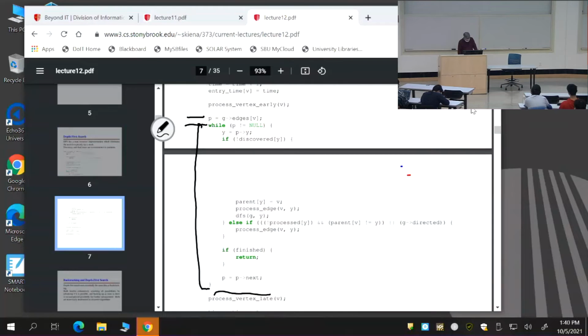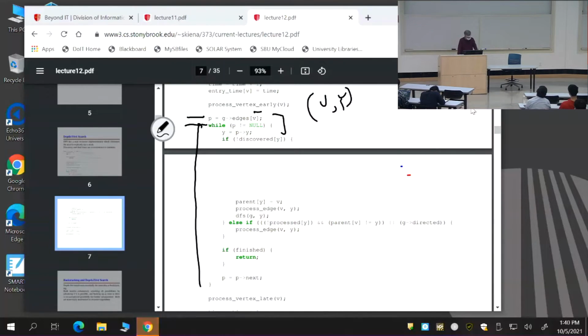But in general, if P is our list of edges, Y is going to be the next vertex that V is connected to. Remember, we're going through V's outgoing edges in its adjacency list. Suppose the next edge we're considering is VY. That's really what this is saying.